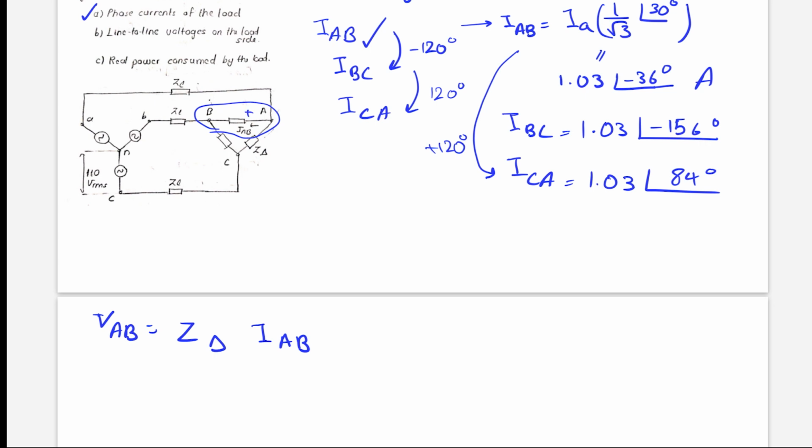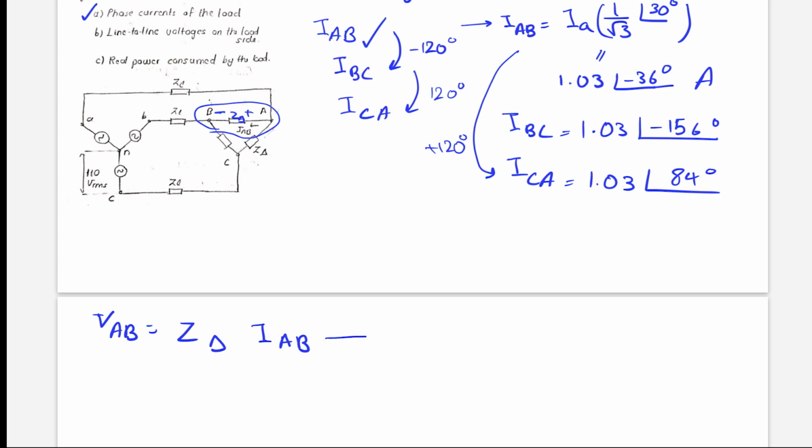This is plus minus due to the passive sign convention. The current is always going from the positive to the negative. And it also has the impedance of Z delta. So VAB, the line-to-line voltage on the load side, is equal to this expression because of Ohm's law.